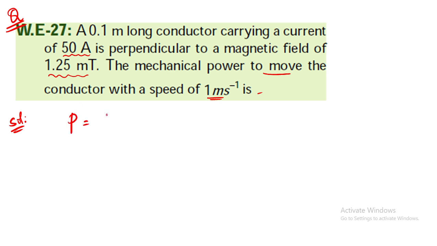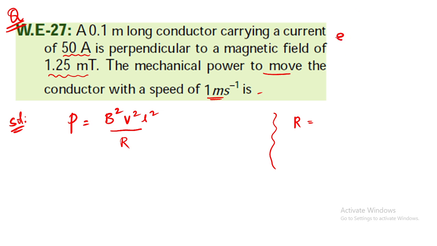Power, which is B square L square divided by resistance R. We don't have an R value, we need to find it out. R is nothing but EMF divided by current, and EMF also we don't know.